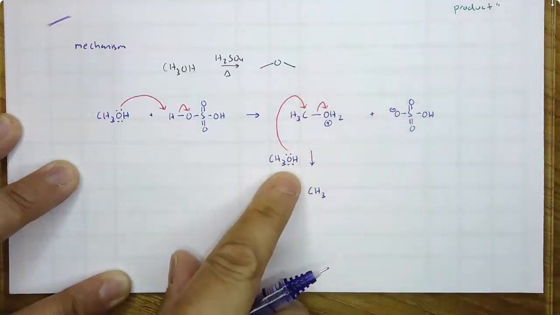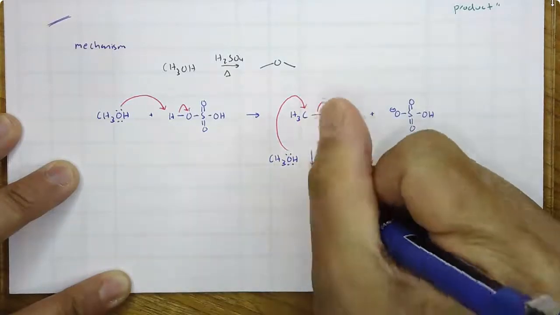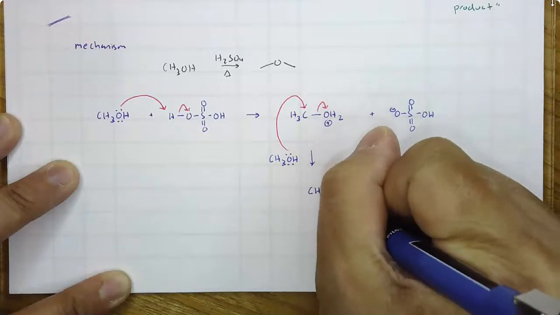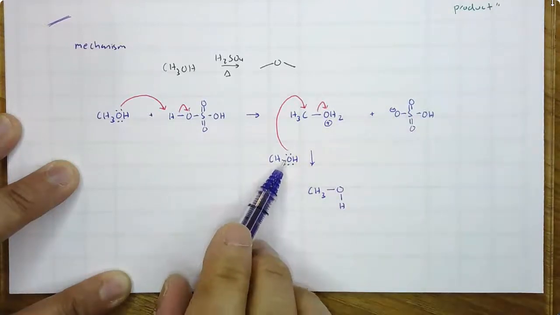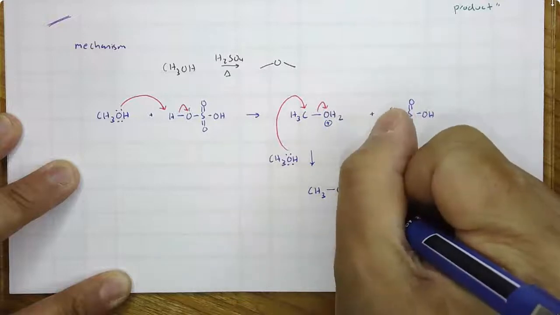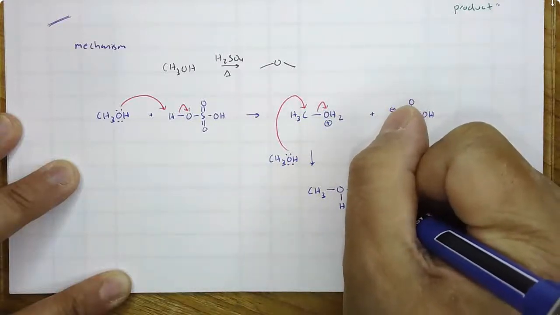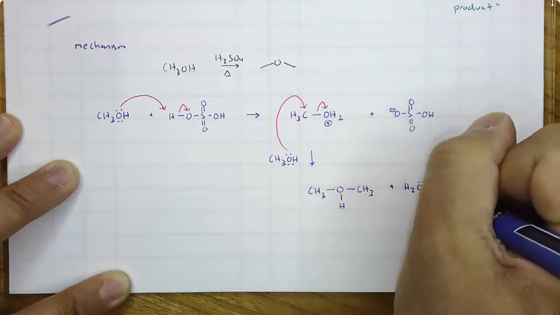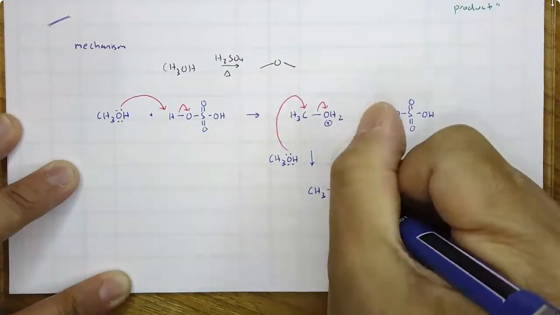Now don't forget that hydrogen here is still attached. But also this oxygen made a bond to this carbon. We kick out a leaving group, water. This is positive.